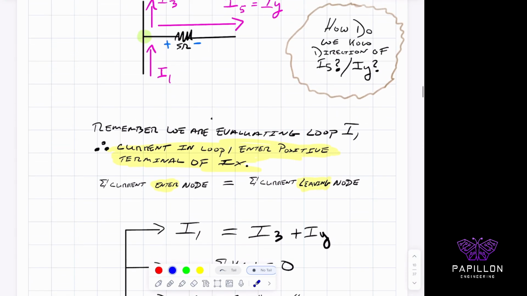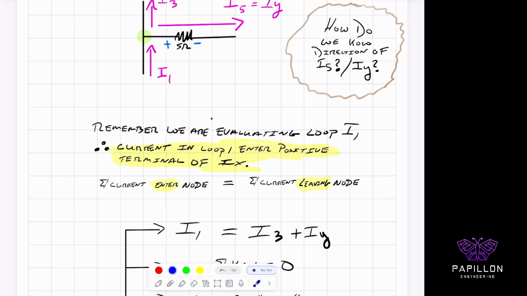So I'll say it again. We're going clockwise here. Because I'm evaluating loop 1, the current goes around and always enters the resistor at the positive sign for all clockwise notation. If I was in loop 3, it'd be the opposite direction.